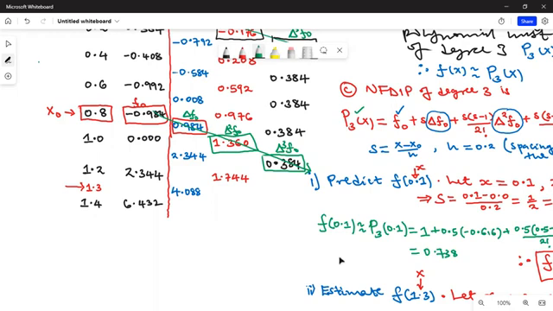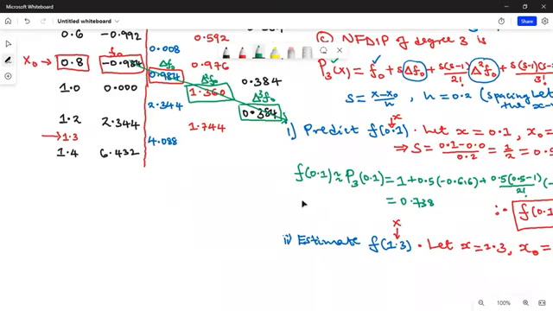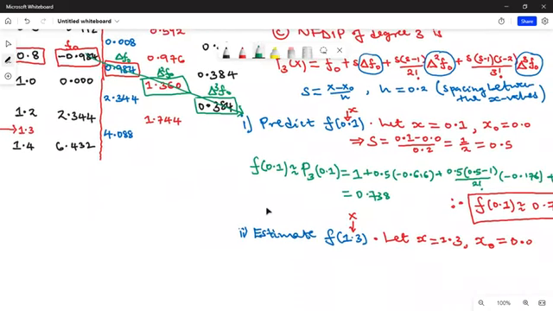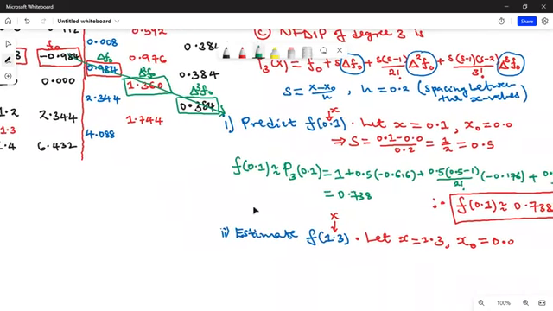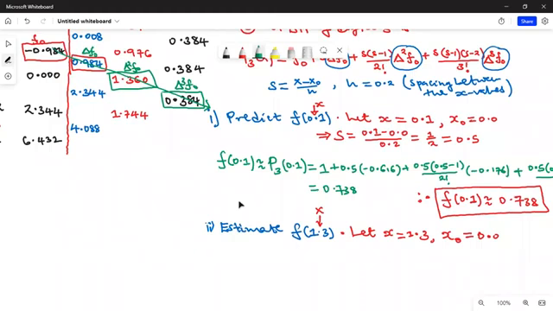So let us now go back to the polynomial with those new values. So we said x naught is 0.0. Instead of 0.0, let's try 0.8. That's what we have said. Or you could also use 0.0. You are going to get the same answer. So we try 0.8. So with this, you can now find the value of s.